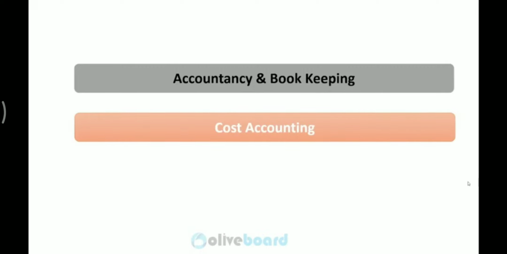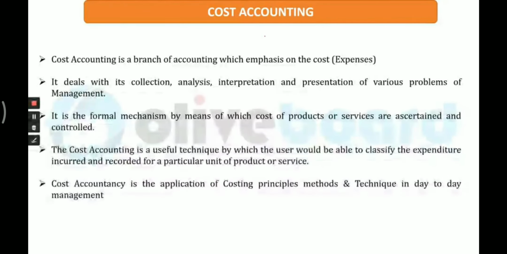Today we are going to see cost accounting under accountancy and bookkeeping, right? Cost accounting. What is cost accounting? Yes, it's a branch of accounts only, but it deals with only the cost involved in the business activity. Cost literally means expense.